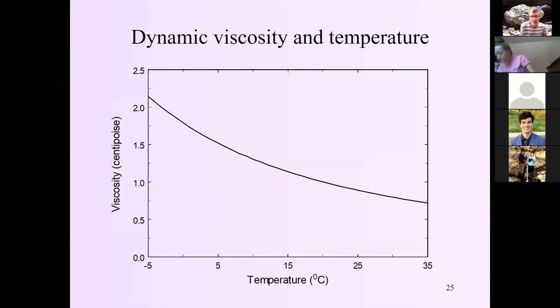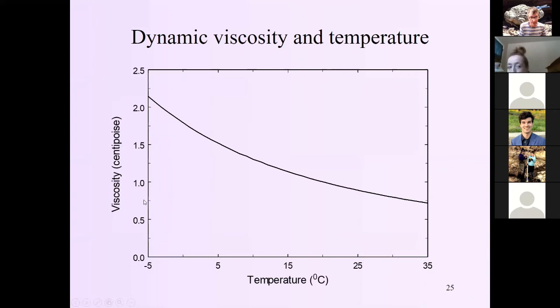So the first one is how viscosity varies as a function of temperature of water. And so we see at 25 degrees and 30 degrees, which is where we were at the Willow Lake yesterday, that the viscosity relative to 0, right, is about 0.75 as opposed to 1.75.